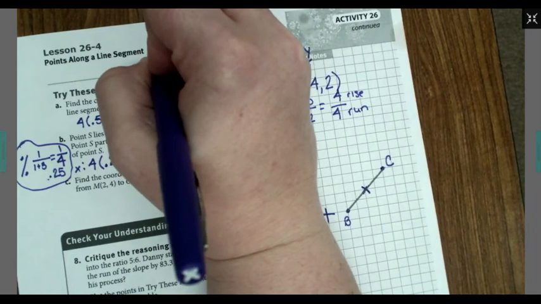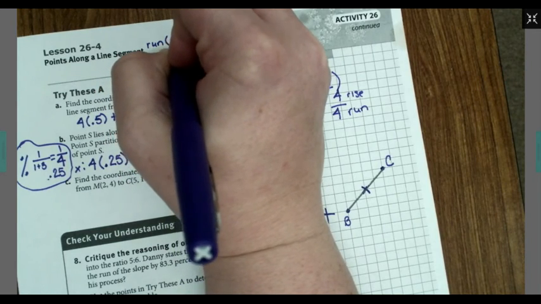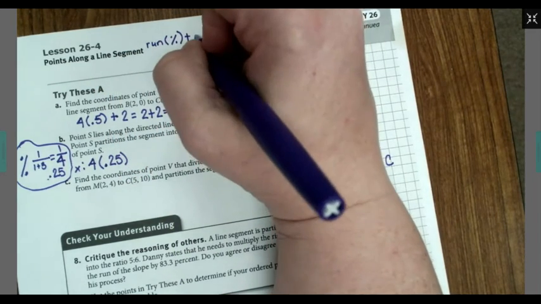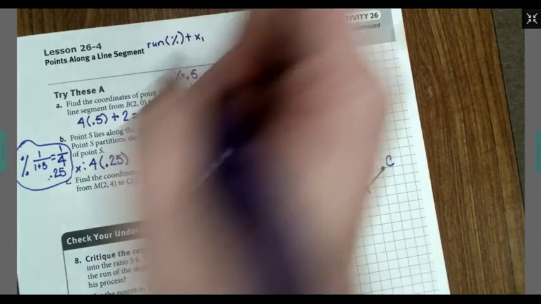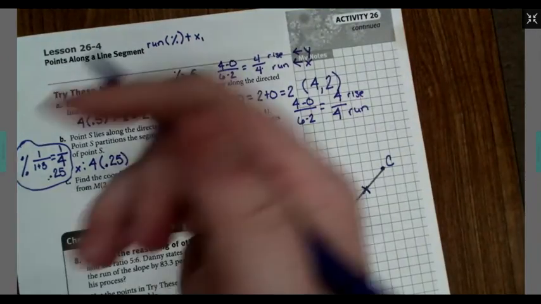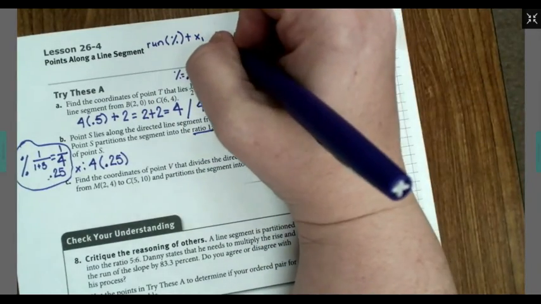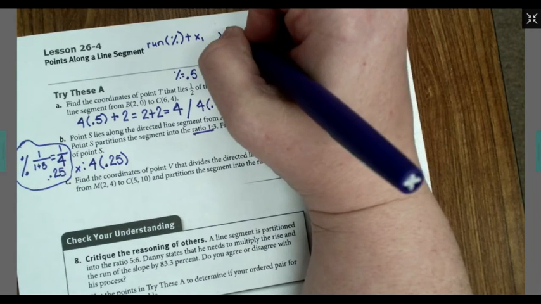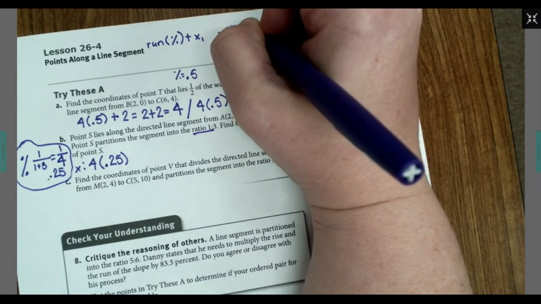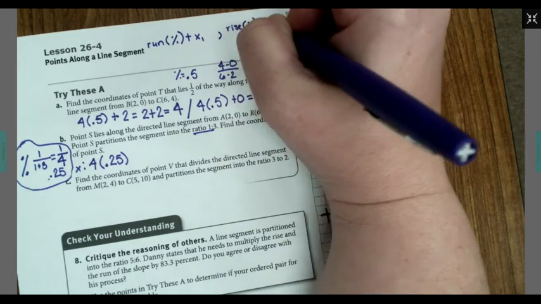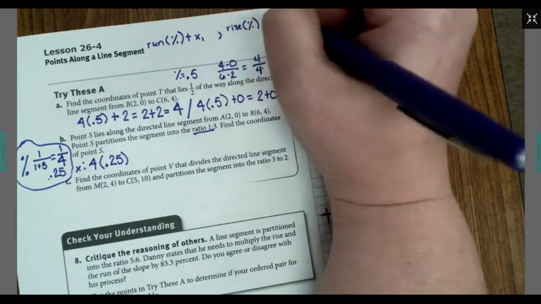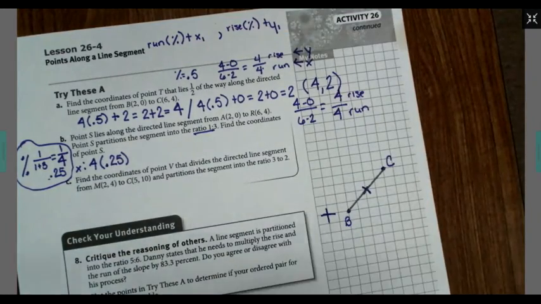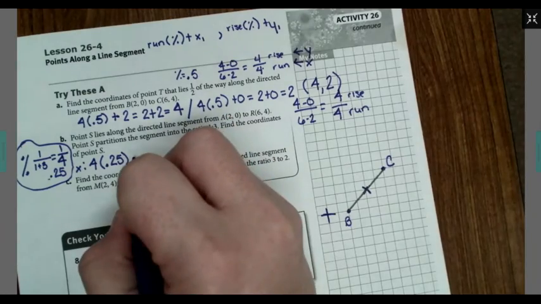So run times our percentage plus x1, the initial x value. Then we would have our rise times our percent plus our initial y value. That's basically the setup here.